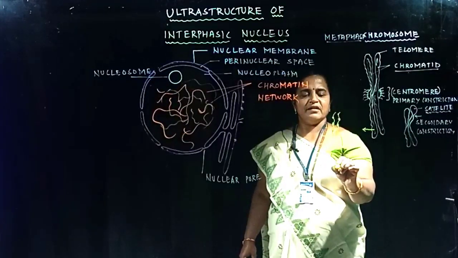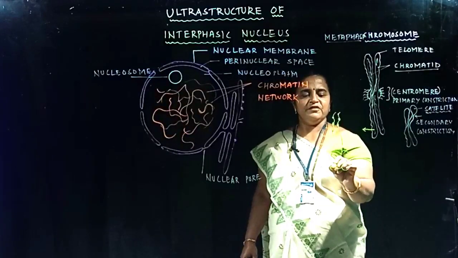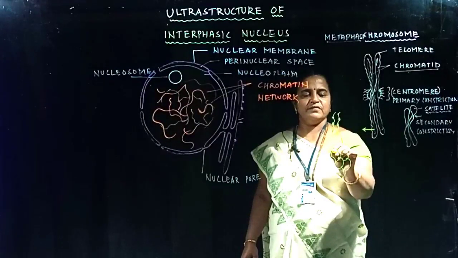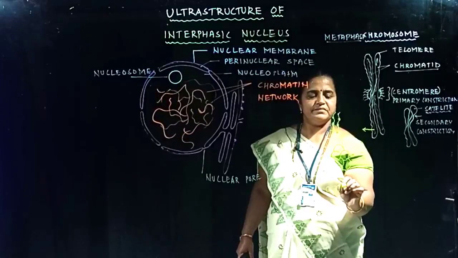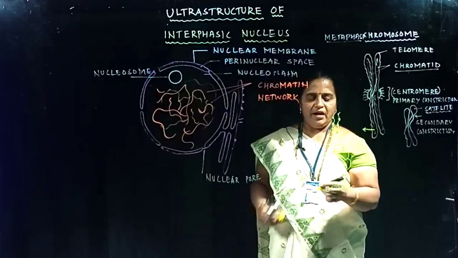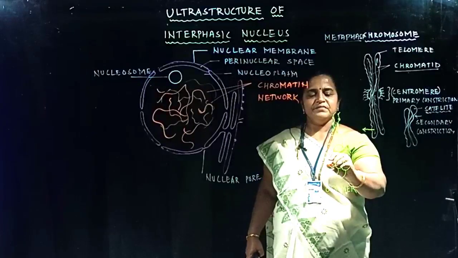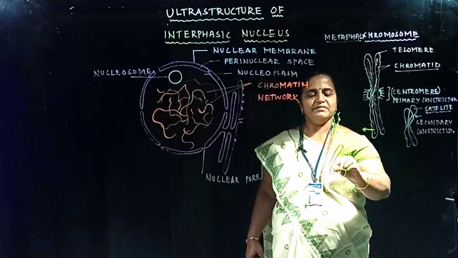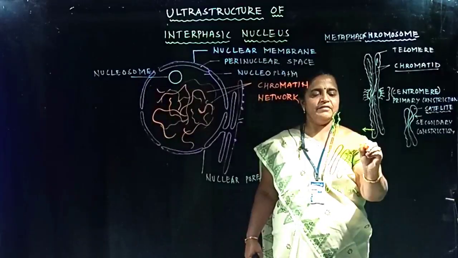the beads are composed of a protein named histone, a total of 8 histones forming an octamer. And around this octamer we can see this, which I am showing in orange color. This we call DNA.